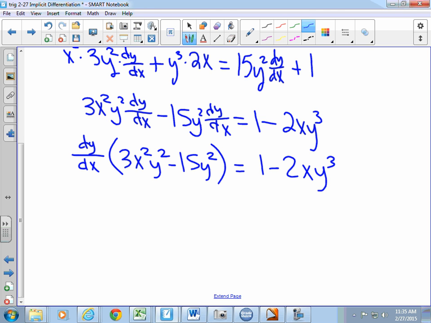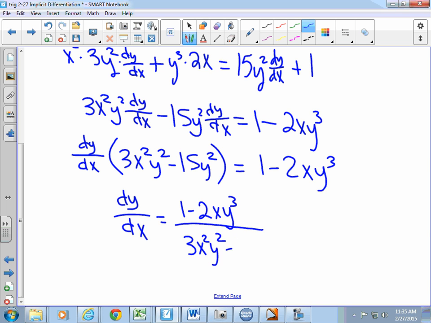But the main thing I need to do is get dy dx by itself. So you definitely could though. And then divide by the 3x squared y squared minus 15 y squared. It's yucky, but that's the derivative and I'm done.